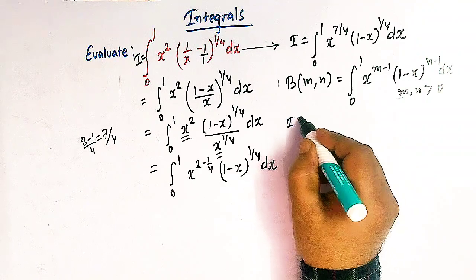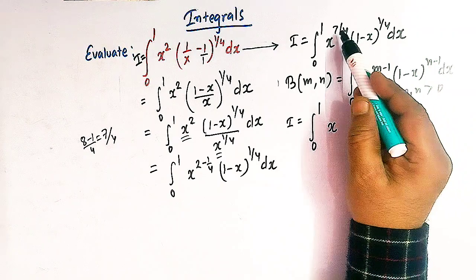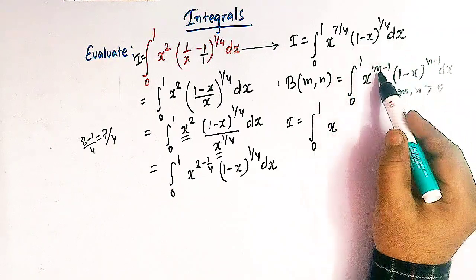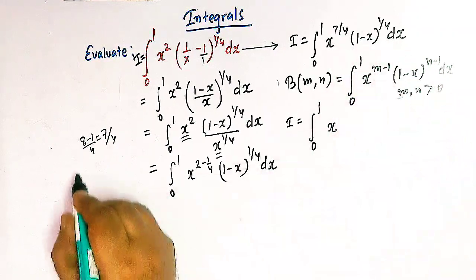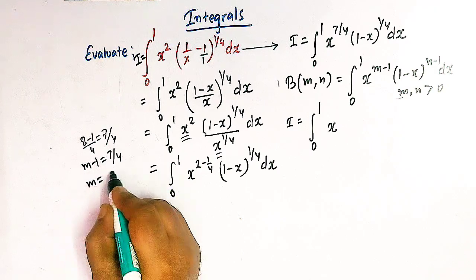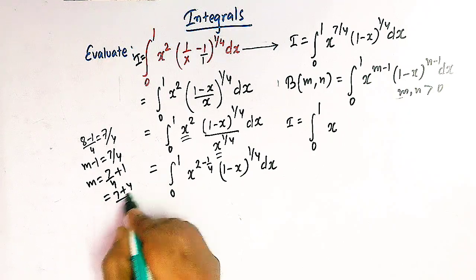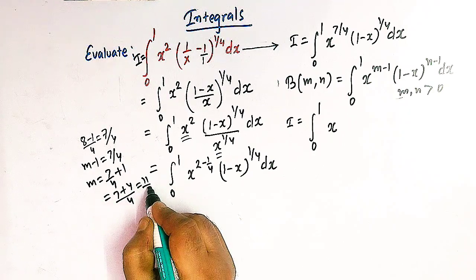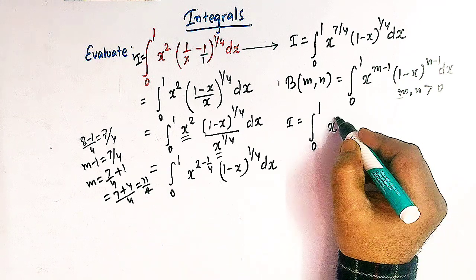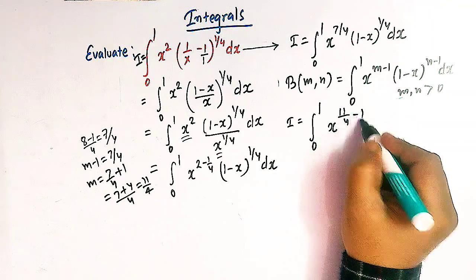So we have 0 to 1 and x raised to 7 by 4, right? Now we can take m minus 1 as 7 by 4. So m is 7 by 4 plus 1. This is (7 + 4) over 4, that is 11 over 4, right? So we can write 11 over 4 minus 1.